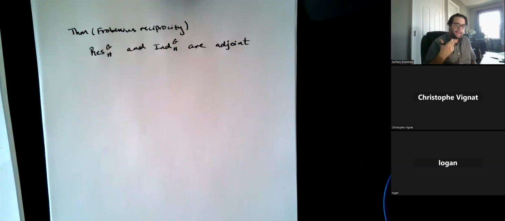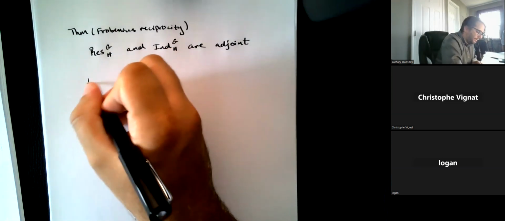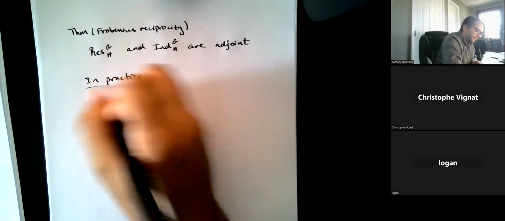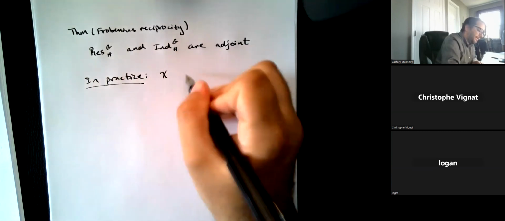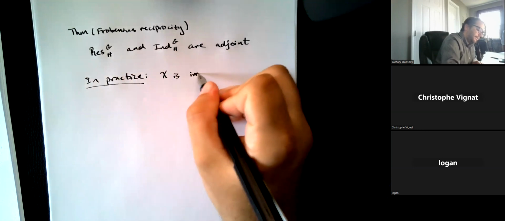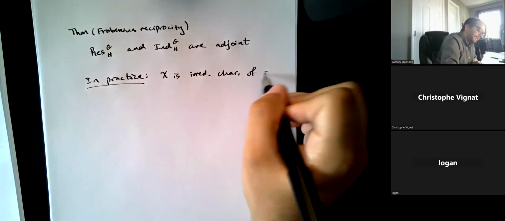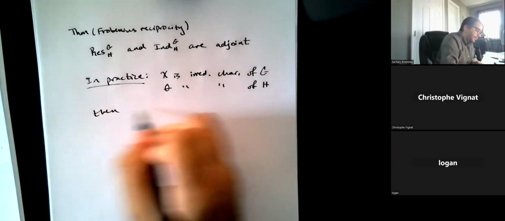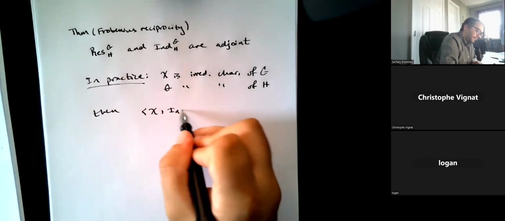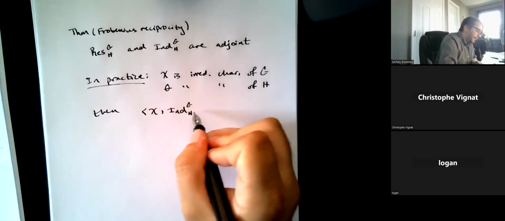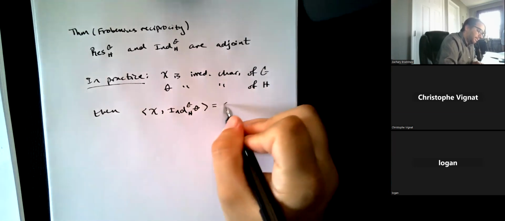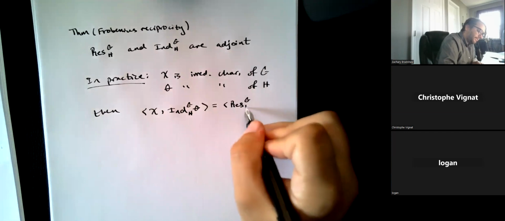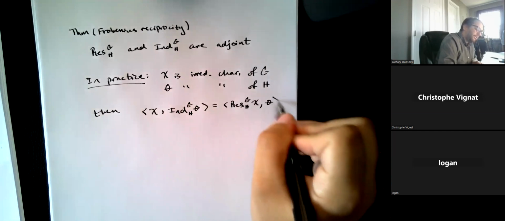So in practice, let me write that down. What this says is that if chi is an irreducible character of G, theta, same thing, but of H, then chi inner product with the induction from H to G of theta is equal to the restriction from G to H of chi inner product with theta.